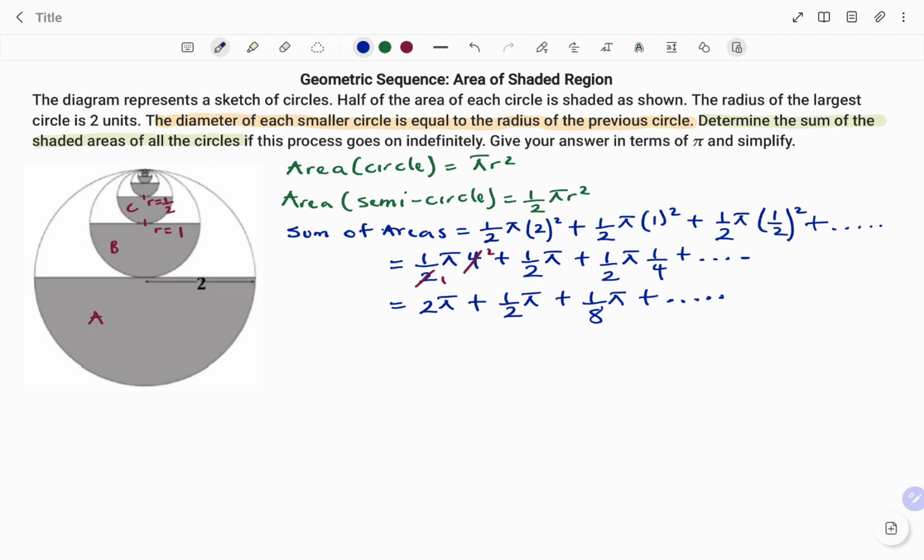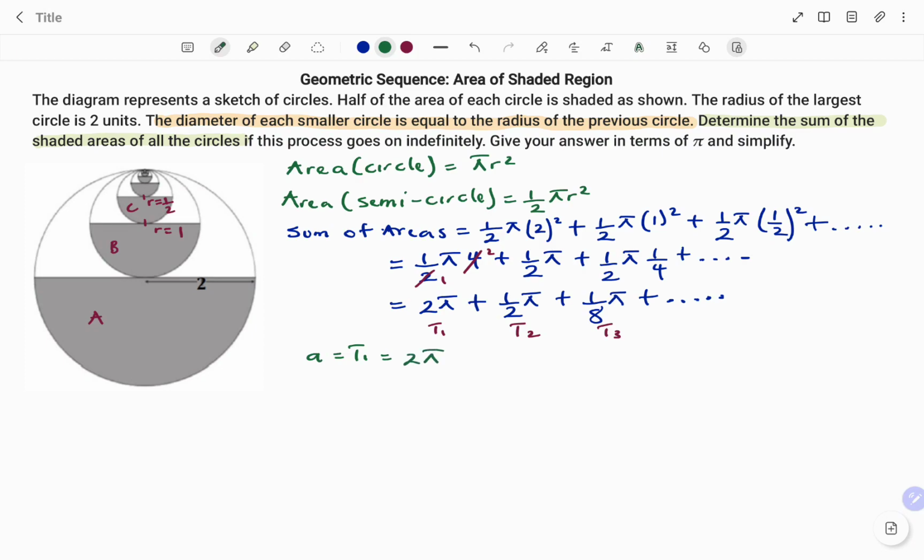In this expression, I have my first term, I have T1, that's area of the first semicircle. I have T2 and T3. So what that means is, to use the sum to infinity of a geometric sequence, I start by finding my a, the first term, which is T1, and that is 2 pi.